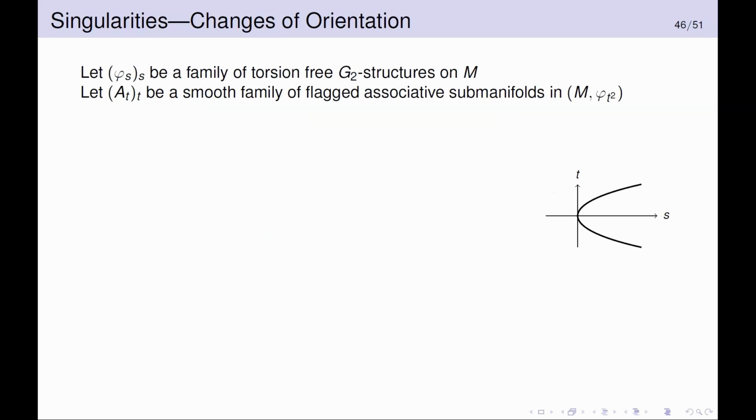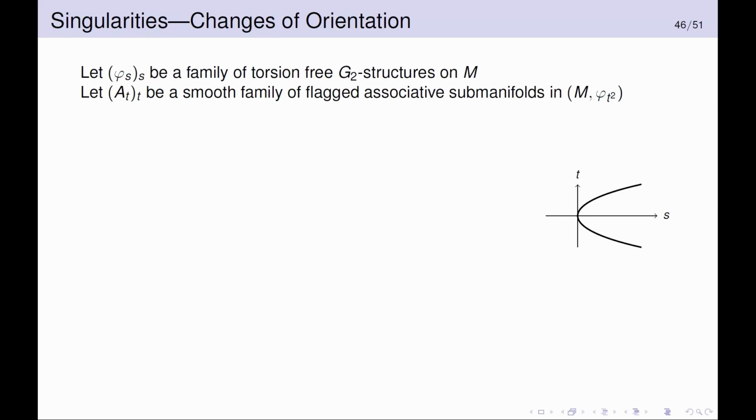So this was a picture you've seen on one of the first slides in the second half, this parabola here, representing two associatives coming together at one point in dimension. Now, this looks pretty generic here, but if you think in terms of topology, a whole three-manifold flows out of nothing. That's not really generic.